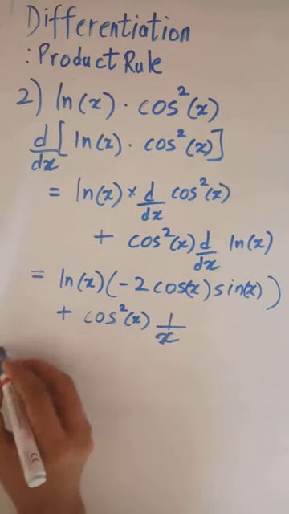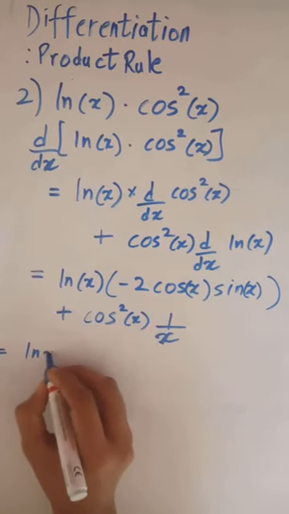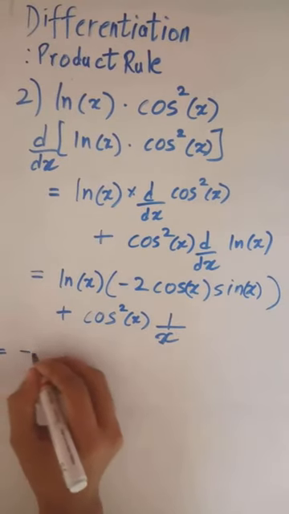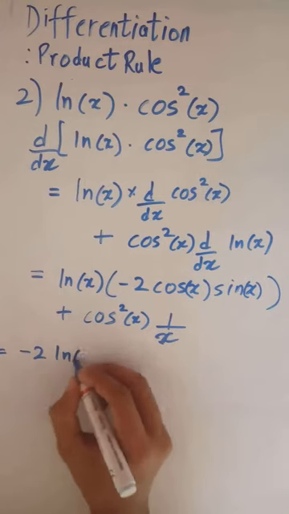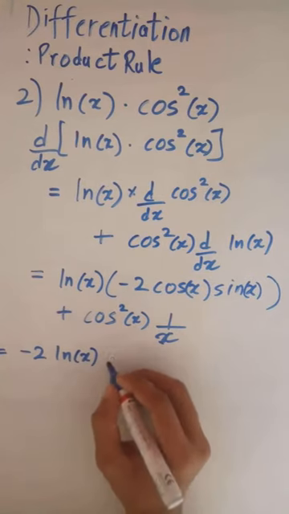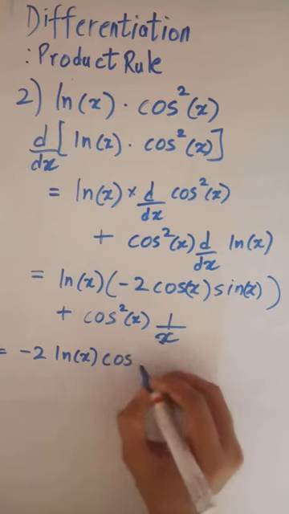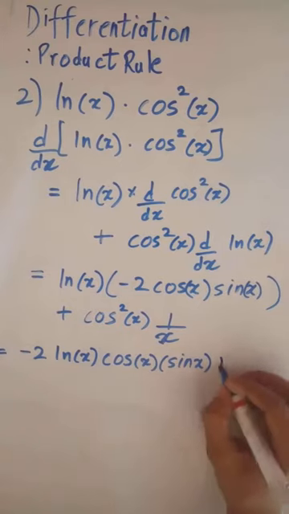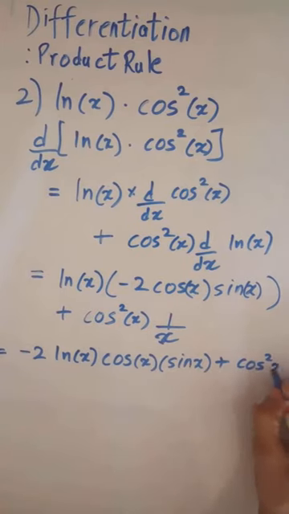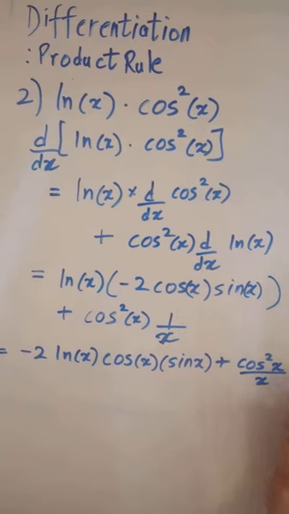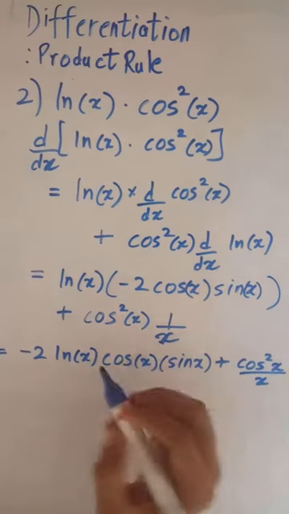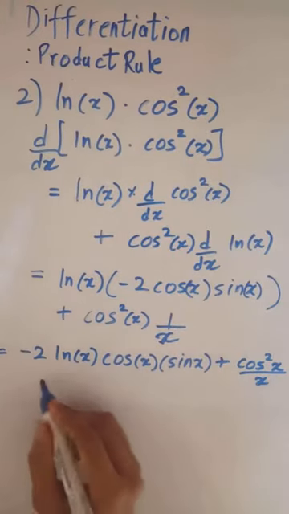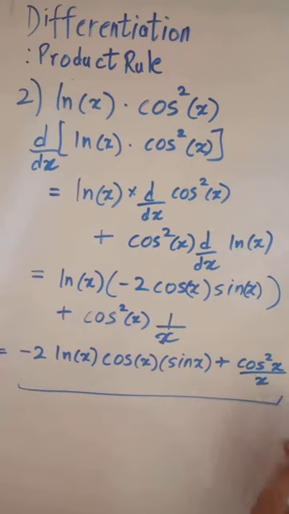So totally what we have here is the natural log of x times minus 2 times cos x multiplied by sin x, plus cos square x upon x. So basically the derivative of this function, the natural log of x multiplied by cos square x, is this rather lengthy expression.